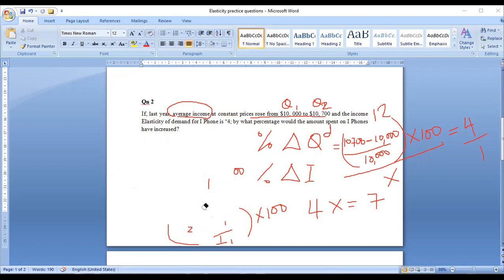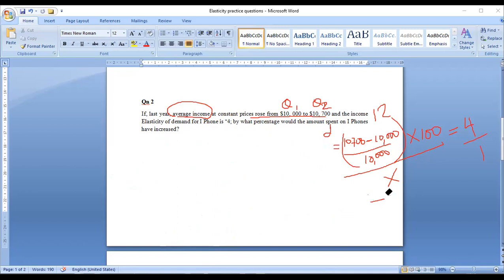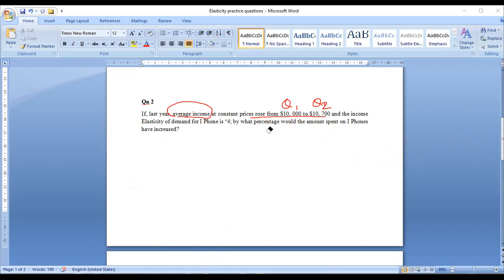Everything here is wrong, and no one was able to realize that. We left someone to think for us and we didn't want to think, so we have been misguided. There is something that has confused you there: it is the average income that rose, not the prices that rose.